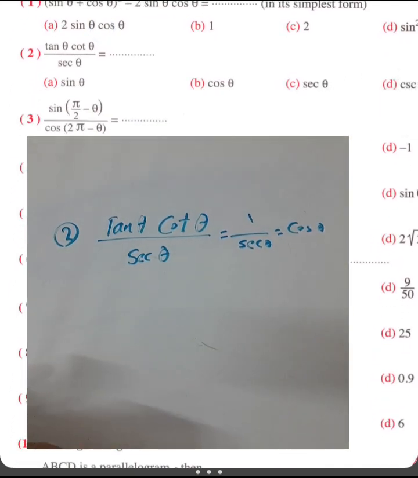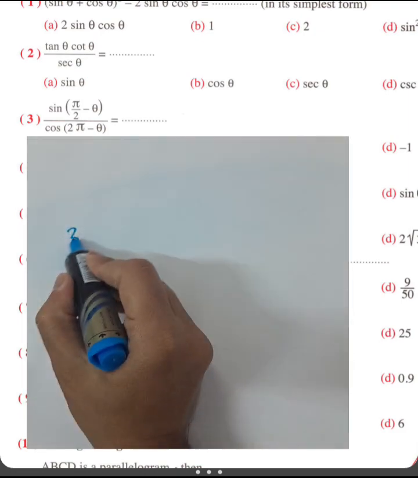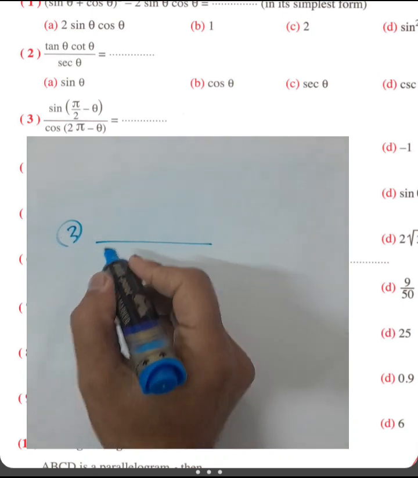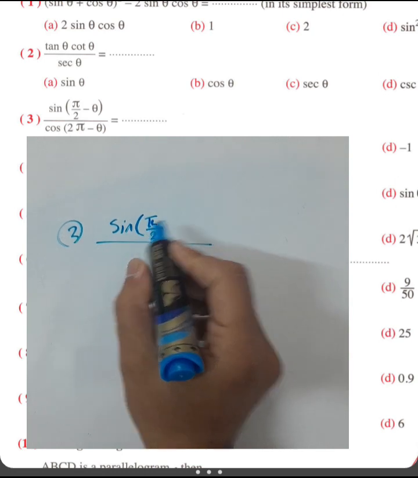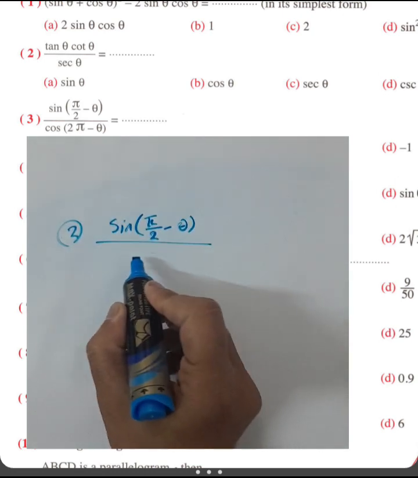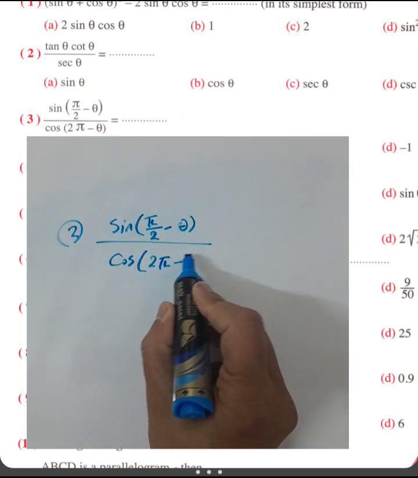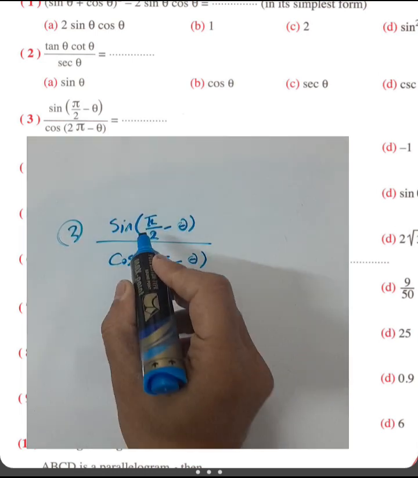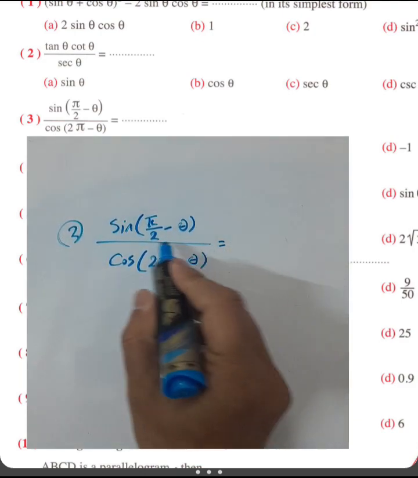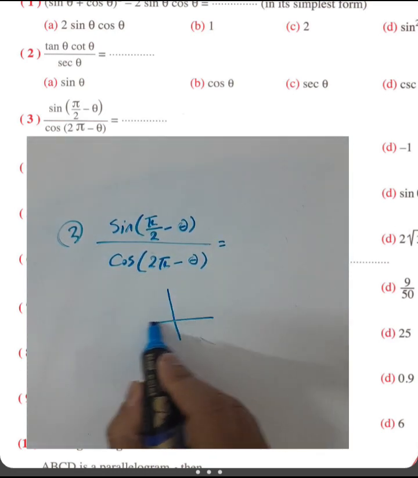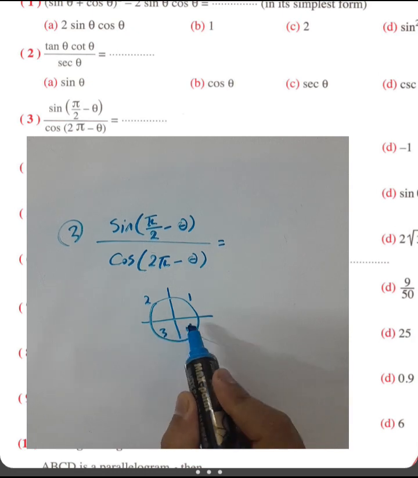Question number 3. We have sine of pi over 2 subtract theta over cosine of 2 pi subtract theta. Sine of 90 subtract theta will be cosine theta. It lies in the first quadrant. We have first quadrant, second quadrant, third, fourth.